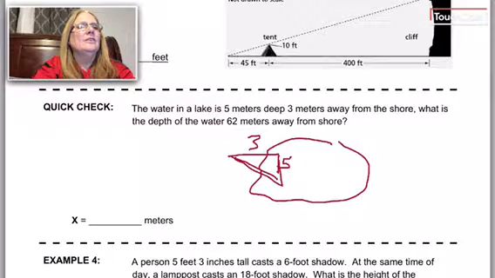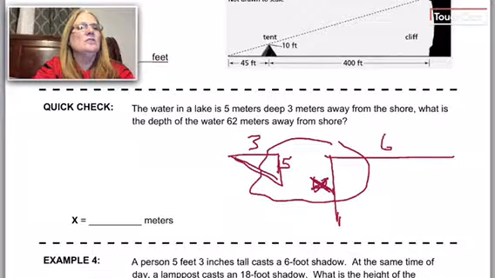And then here, this is 62. Oh no, we're looking for the depth of the water. So this is X, 62 meters from the shore.